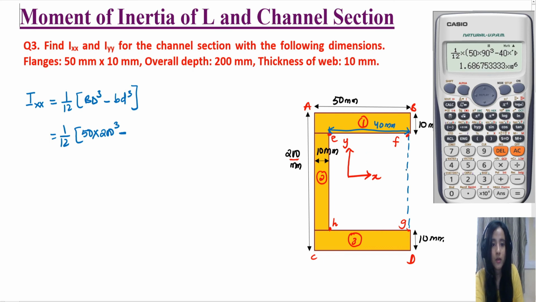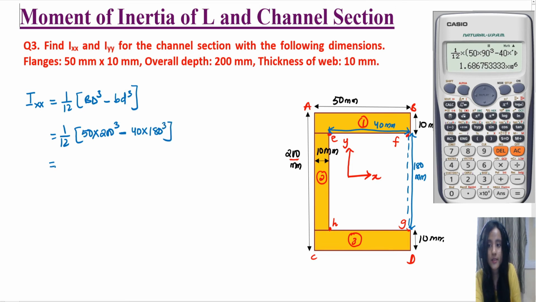This is my B. Now the depth, I need to find from this point till this point, my small d. So how much will it be? The total is given as 200. So 200 minus 10, this depth here becomes 190. 190 minus this depth here, 10, will give you 180 mm. So your small d is 180. Your B is 40 into d is 180 cube.